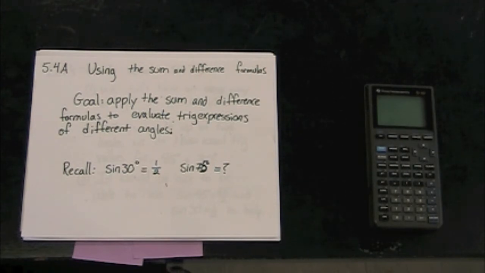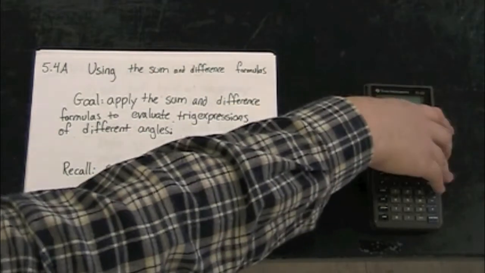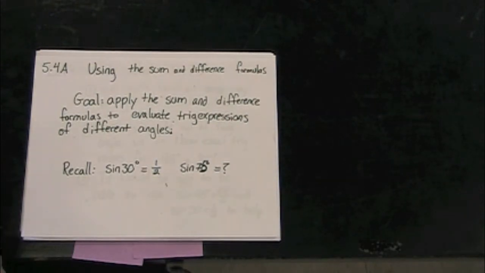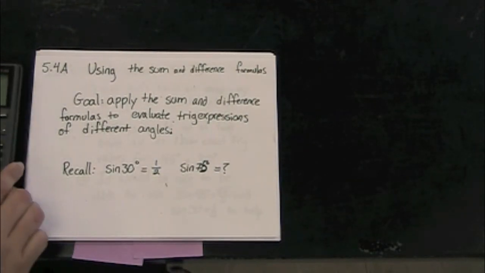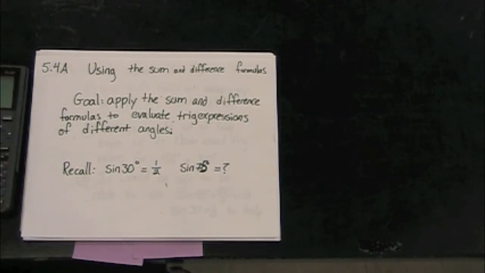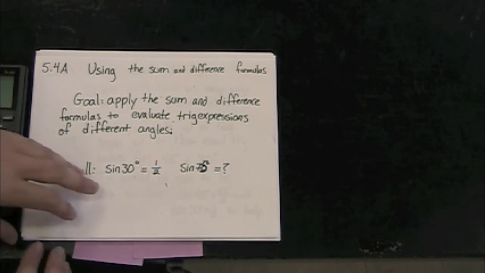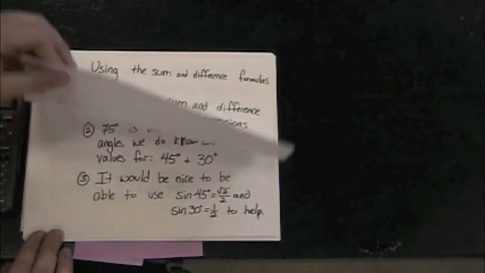For instance, sine of 30 degrees is equal to 1/2. There are other angles that we've only been able to approximate using a calculator. For instance, the sine of 75 degrees. Today we're going to talk about a way to use angles that we know to figure out angles that we don't know.